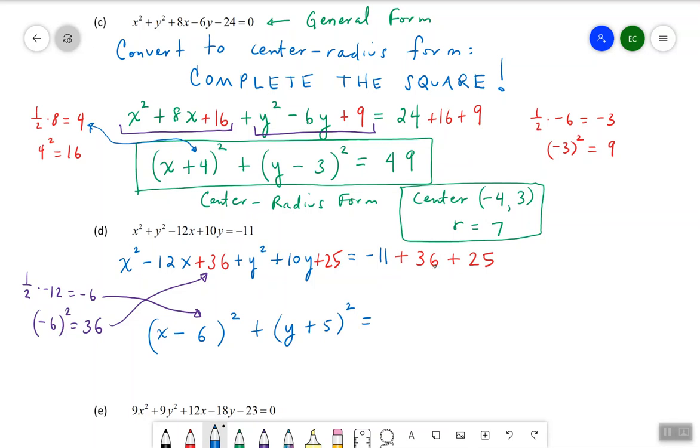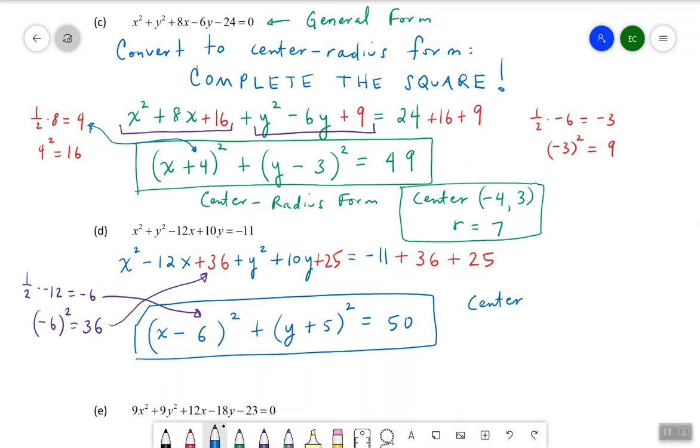On the other side, what is that? 61 minus 11 is 50. And so there is the center radius form. And so the center is at +6 and -5.